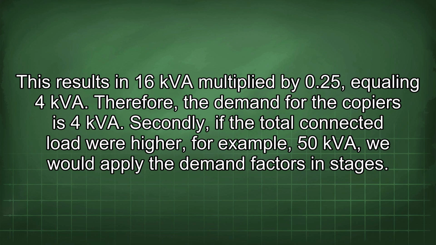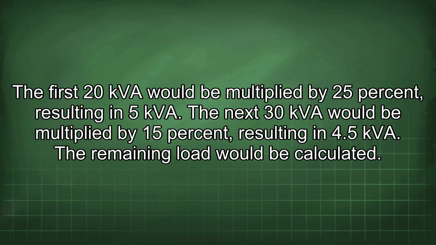Secondly, if the total connected load were higher, for example 50 kVA, we would apply the demand factors in stages. The first 20 kVA would be multiplied by 25%, resulting in 5 kVA. The next 30 kVA would be multiplied by 15%, resulting in 4.5 kVA. The remaining load would be calculated.